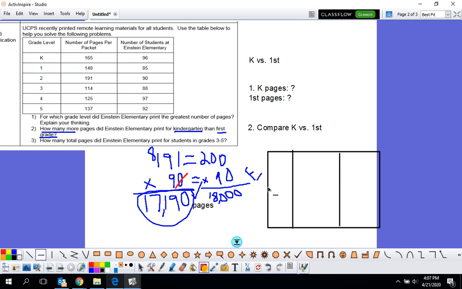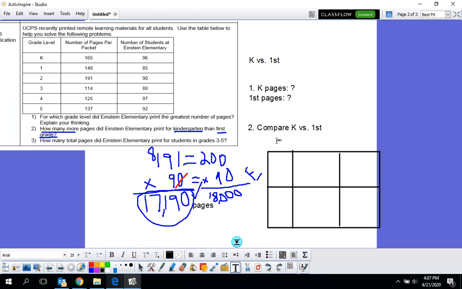So I'm just setting up an area model to kind of show you. Okay, so this one I would break up the 191. And then on this side, I'm going to break up the 90, which really can't be broken up.